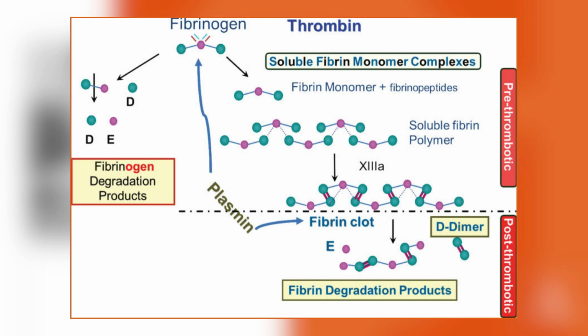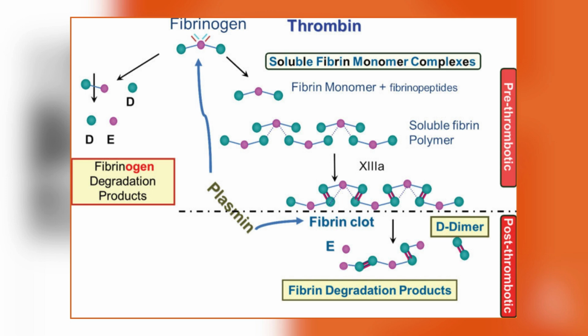Thrombin cleaves fibrinopeptides A and B of the fibrinogen molecule. So it's still fibrinogen because it's not active yet. Once thrombin releases these two fibrinopeptides A and B, then the fibrin monomers form.